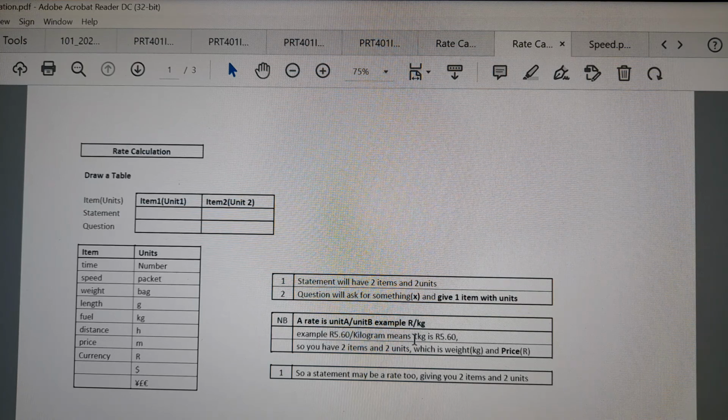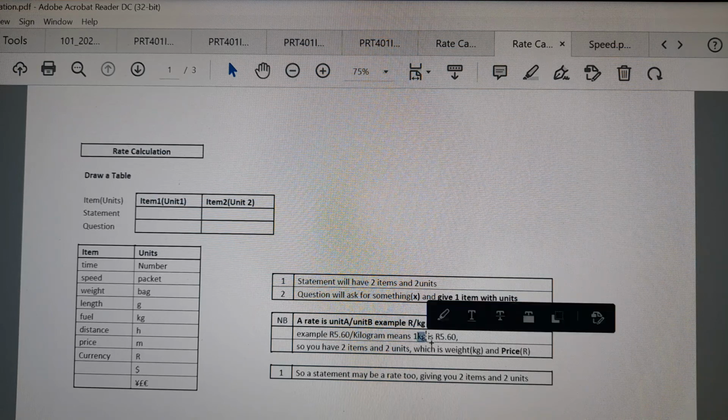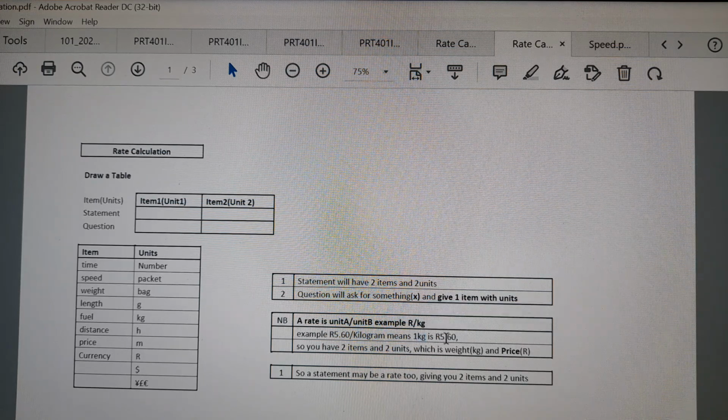This means that 1 kilogram is 5 rand 60, because I told you that per means 1. So 1 kilogram is 5 rand 60. So if you look at this, you have two items, which is the first one and the second one, and the first unit is kilogram and the second unit is rands.